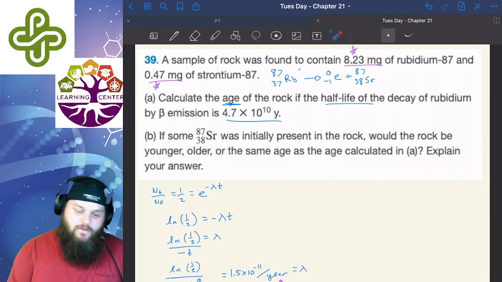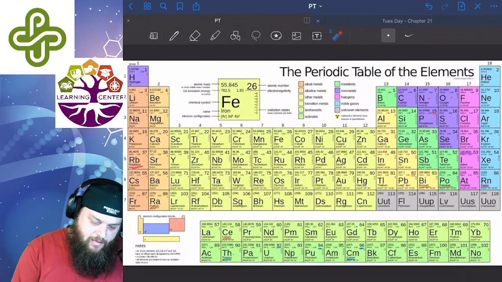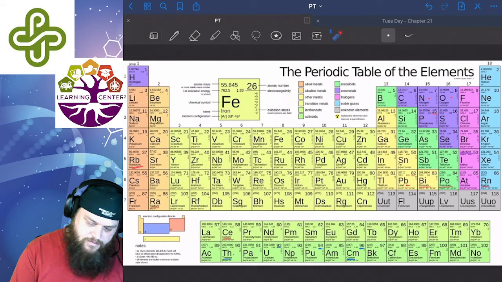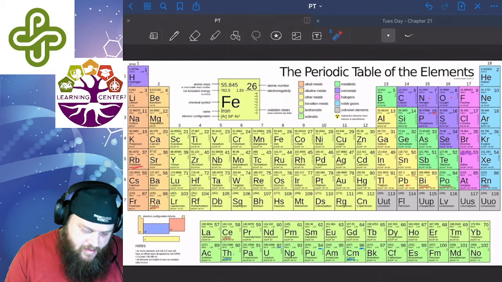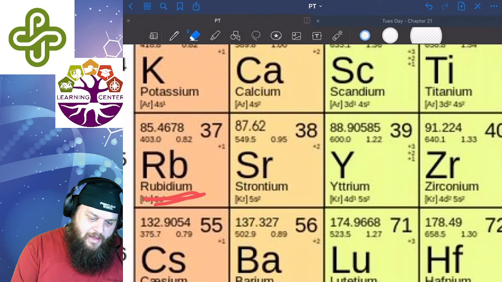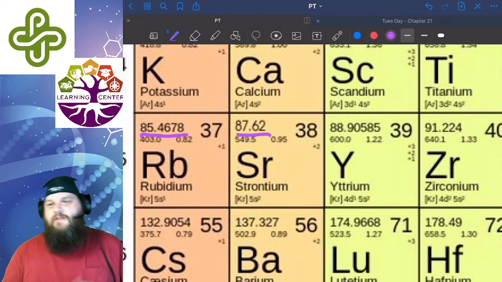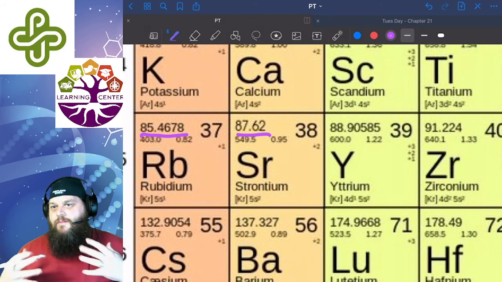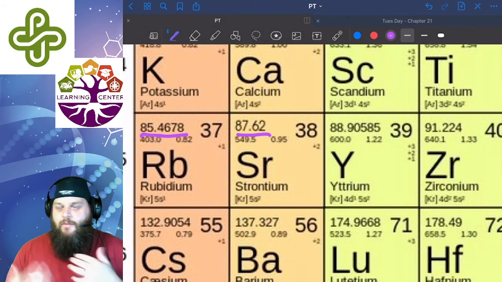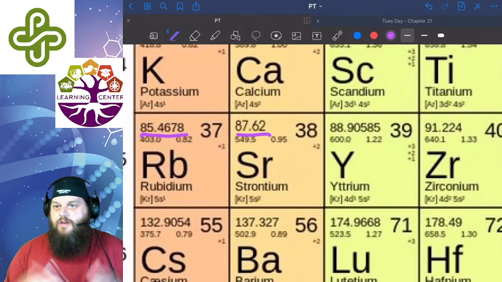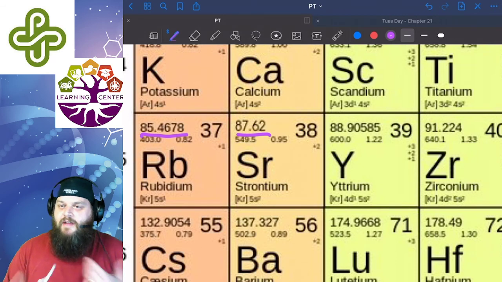We can't use the values on the periodic table for these, because these are averages of all the isotopes. Those are taking all the different isotopes and multiplying them by their percentage of abundance. We get these numbers, which are about average, and that's relative to our region. If you go to a different part in space, they're going to have different concentrations of rubidium-87.